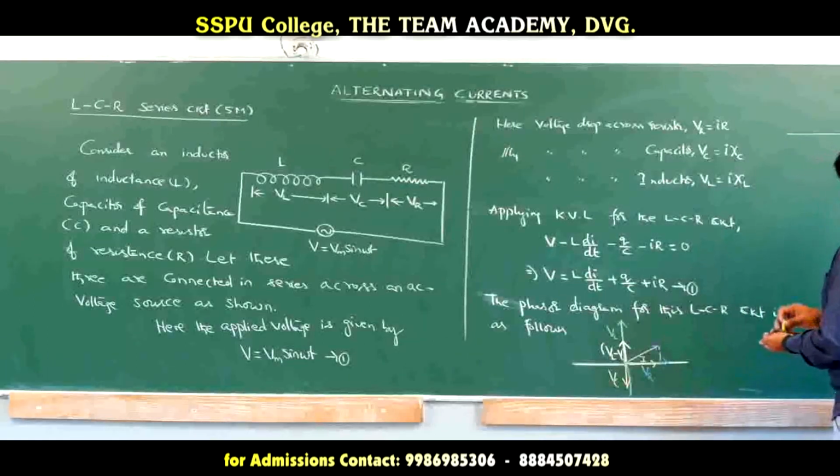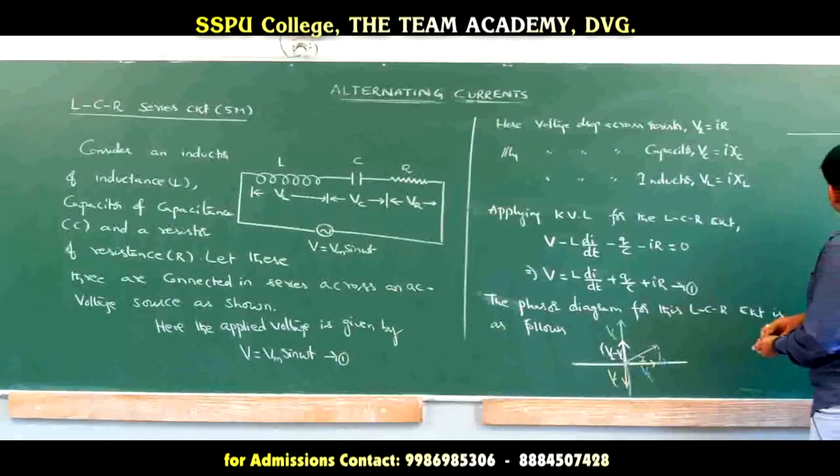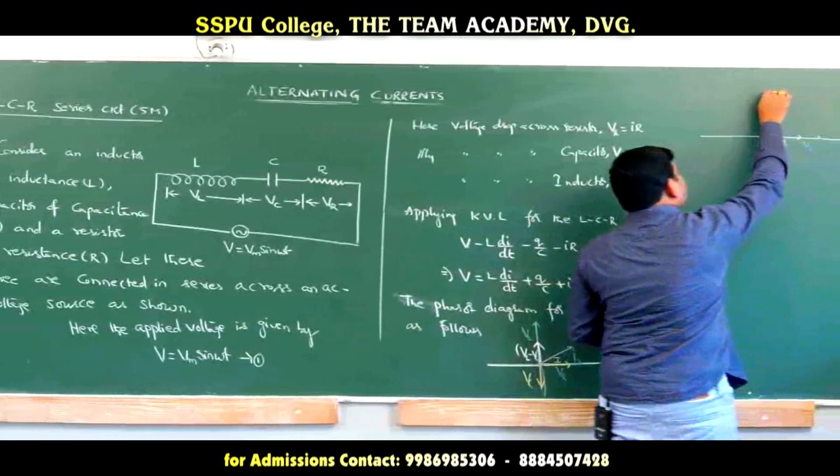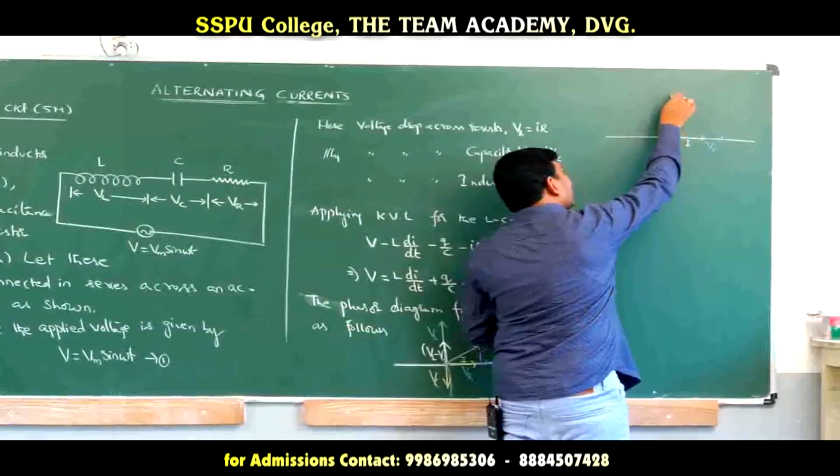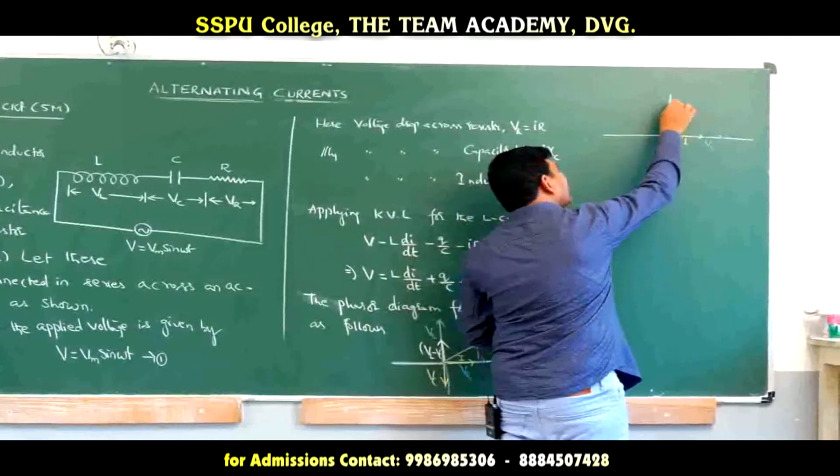So here this is representing the current and this is representing the voltage across the resistor. This is VR and this is current I. Current and voltage are in phase across the resistor. And across the inductor, voltage is leading the current.